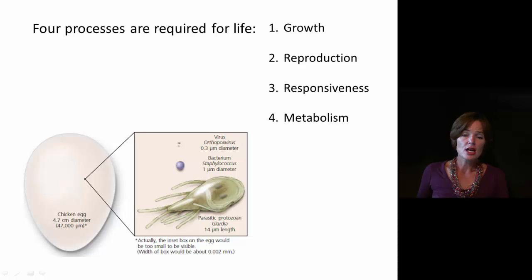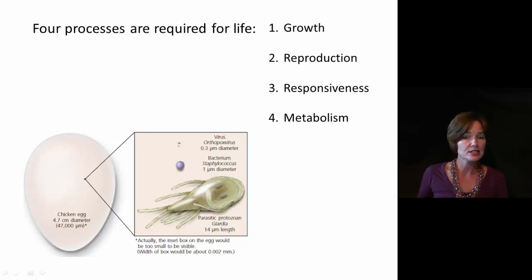Organisms come in lots of different sizes. This ranges from the large animals and large plants that we have, all the way down to the microbes. If you compare microbes to a chicken egg in this picture, a microbe could be a protozoan, which are going to be your larger ones.